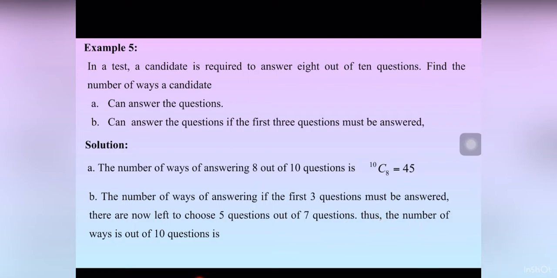Thus, the number of ways is 3C3, for the first 3 questions, times 7C5, the 5 questions out of 7 questions. Okay, good. We have 21. Combinations with conditions.